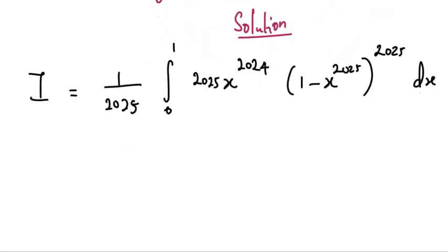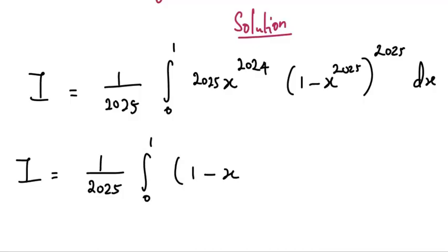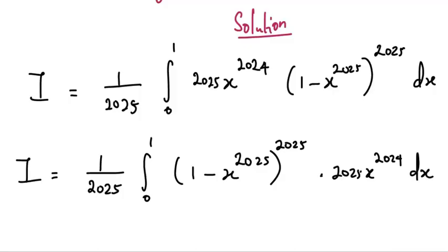Now let's write I equals 1 divided by 2025 times the integral from 0 to 1 of (1 minus x to the power of 2025) whole raised to the power of 2025, multiplied by 2025x raised to the power of 2024, attached with the dx.